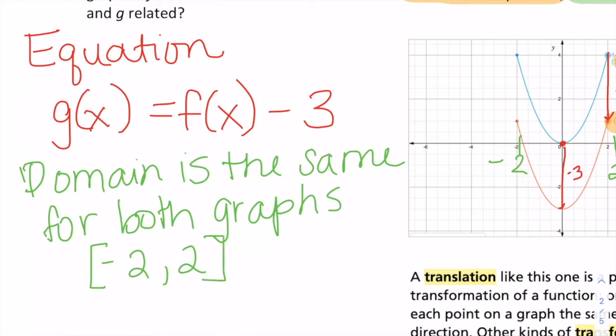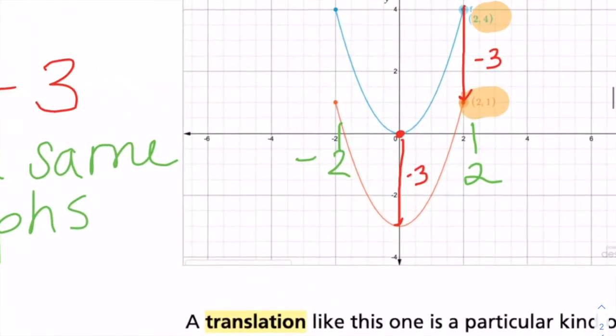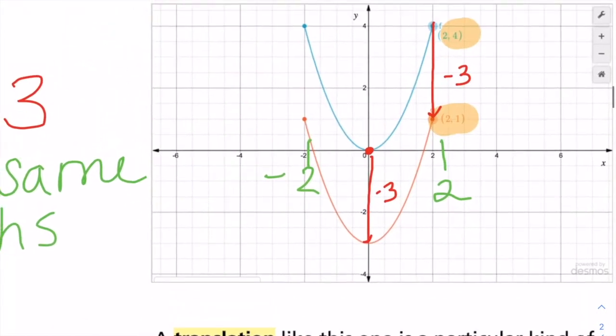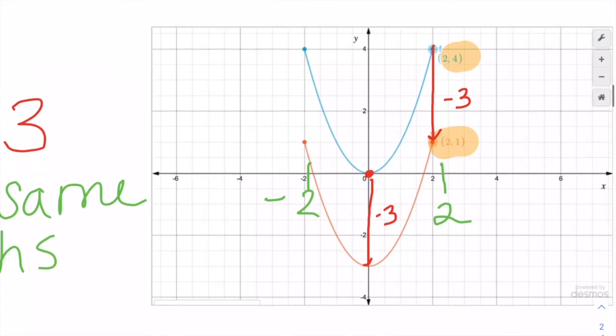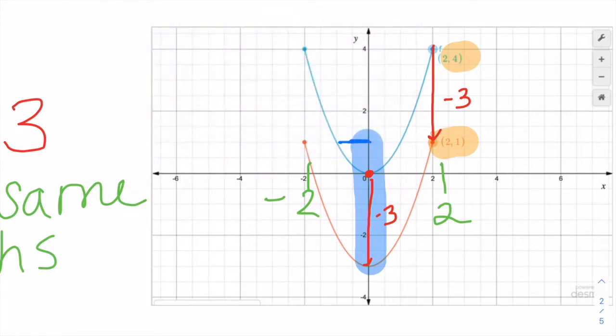Now let's look at the range. The range is definitely going to change because we see that this graph, the original, goes from 0 to 4, versus now this new graph goes from -3 to 1.